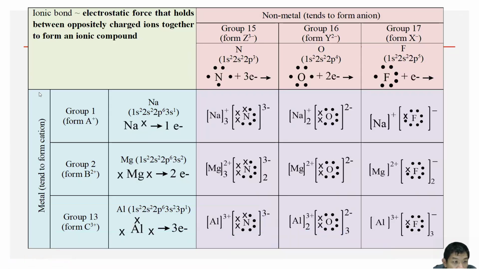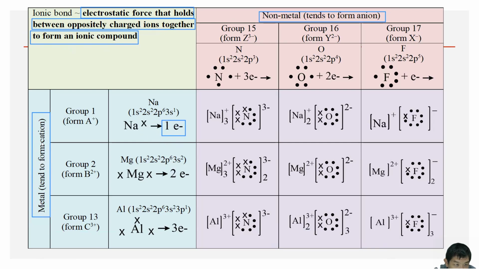An ionic bond is described as the electrostatic attraction forces that hold oppositely charged ions together to form an ionic compound in here. Okay, so technically, metals tend to form cations by donating electrons here, whereas non-metals tend to form anions by accepting electrons here.